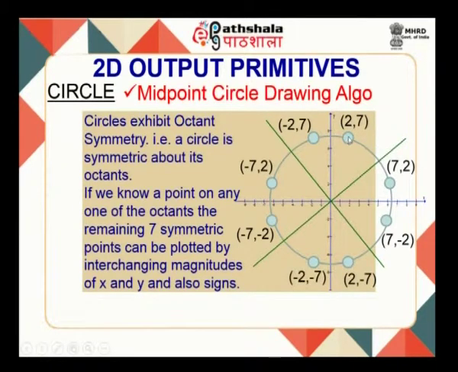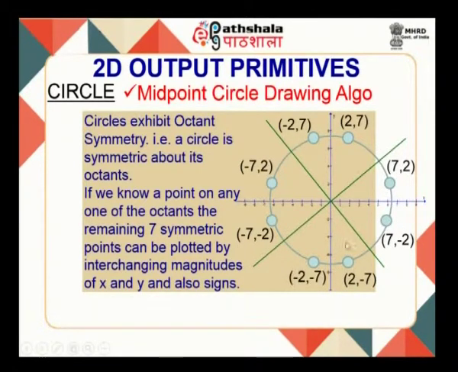It is enough to interchange the x and y coordinates, and you will have a symmetric point in the next octant, which is (7, 2). For this point you can have an exact symmetric point in the other octant, which is (7, -2), only a change in the sign of the y coordinate. So, this is 7 and this is -2, the symmetric point.